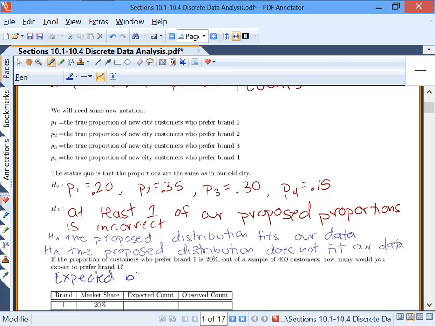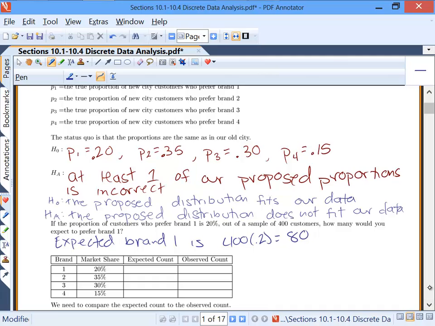So the expected count for brand 1 is 400 times 0.2, which gives me 80. That should be fairly instinctive. If your proportion is supposed to be 0.2 and you have 400, 400 times 0.2 gives you the expected count of 80.